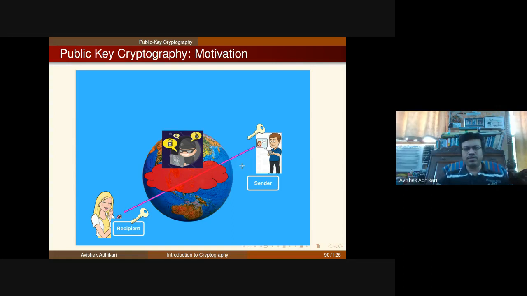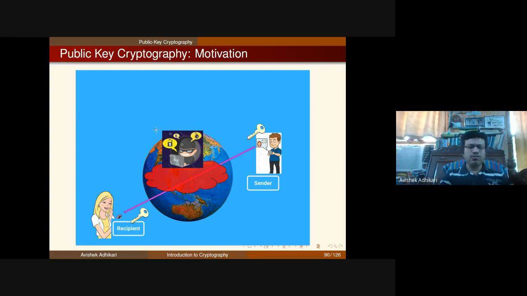In the Diffie-Hellman key exchange protocol, they showed by means of some mathematics that even if there is an insecure channel in between, after communicating with each other using that insecure channel, at the end they will finally fix up a secure key.